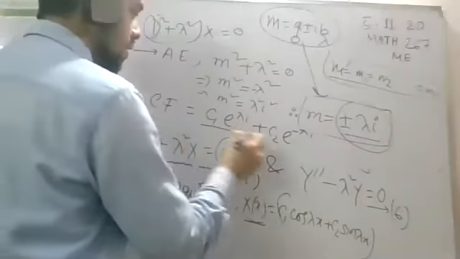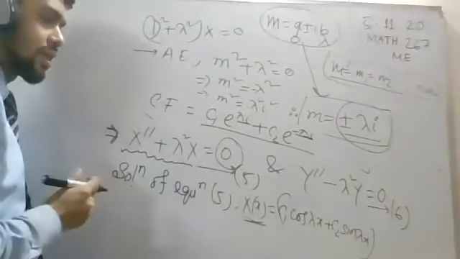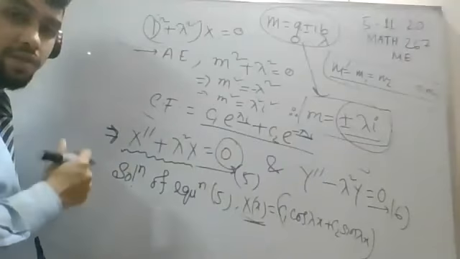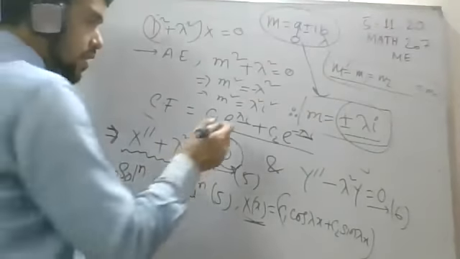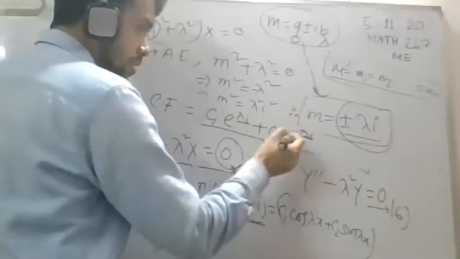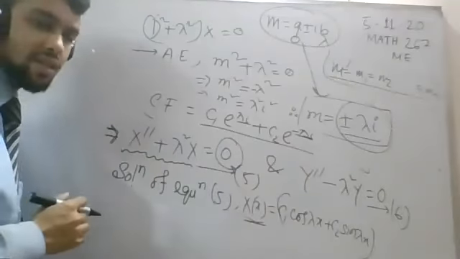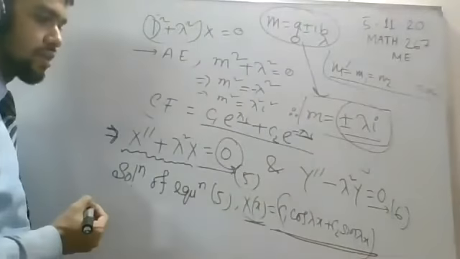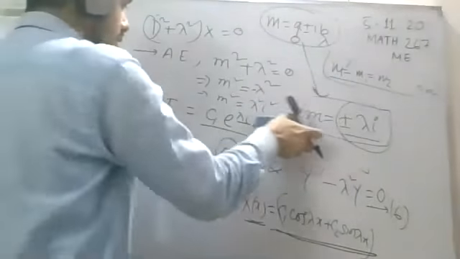Okay, so this was a distinct root case, different roots. So for different roots the case was C1 e to the power m1x plus C2 e to the power m2x. Okay, but here you can use de Moivre's theorem, and after that you can simplify this equation and get the result, which is C1 cos lambda x plus C2 sin lambda x. Okay, so this is it.